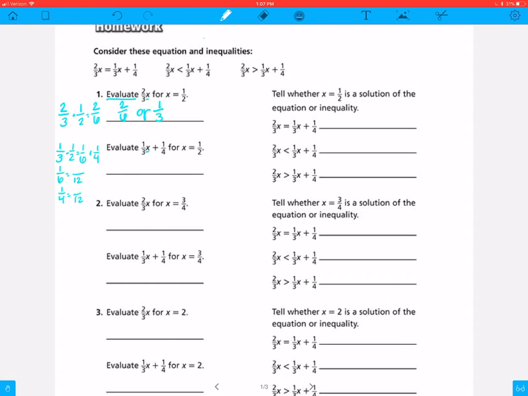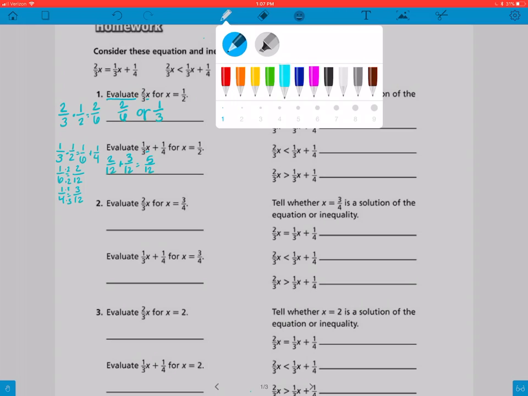So 1/6 is equivalent to 2/12, and 1/4 is equivalent to 3/12. When I have a common denominator, I'm able to add and subtract fractions versus when I multiply and divide. So I get an answer of 5/12.